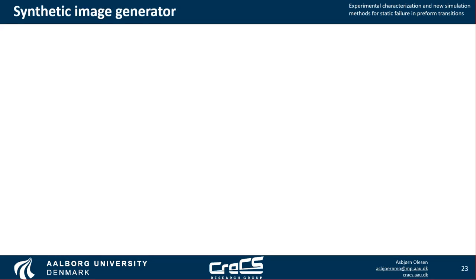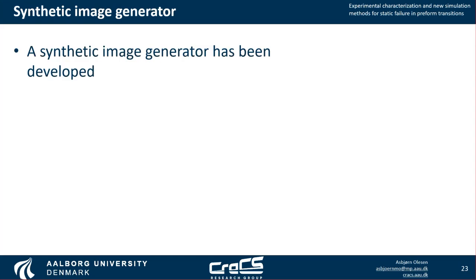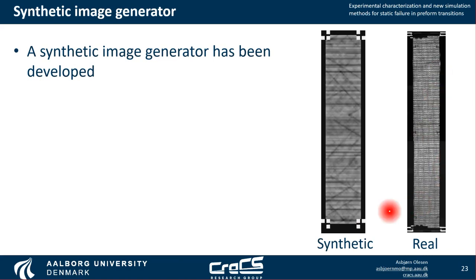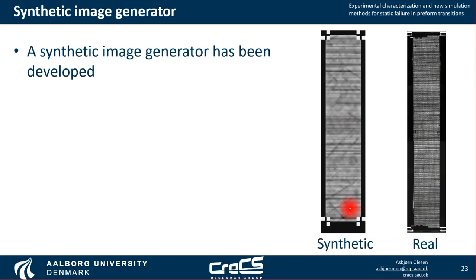With this method, we must now test that it actually works as intended. As part of that effort, we've developed a completely synthetic image generator. This is based on the experiments we performed. So we have the experimental results here, and we have the synthetic results here.